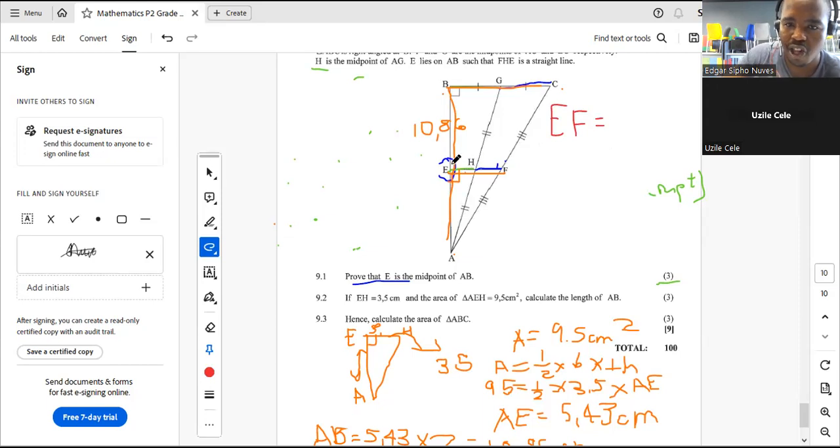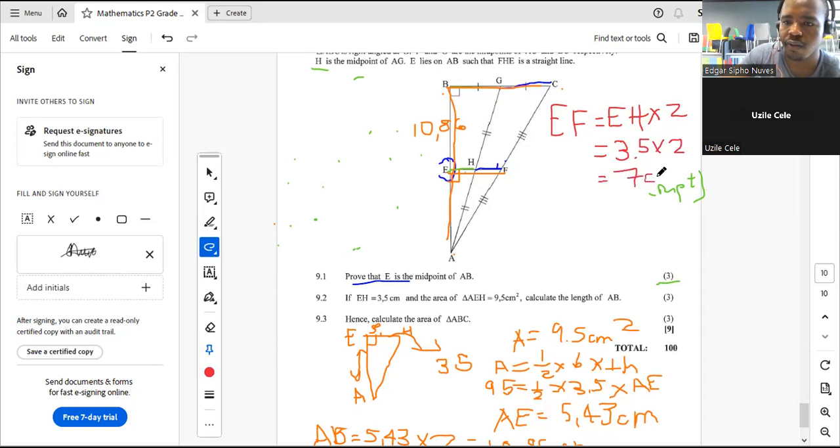Remember we have EH here. EF is equal to EH times 2. So we times that by 2. What is EH? EH is 3.5. EH is 3.5 times 2. So then EF is equal to 7.